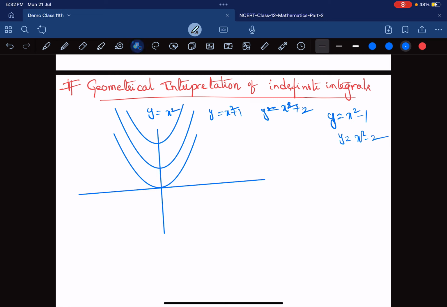If you draw the graph of these functions, they are all parabolas.